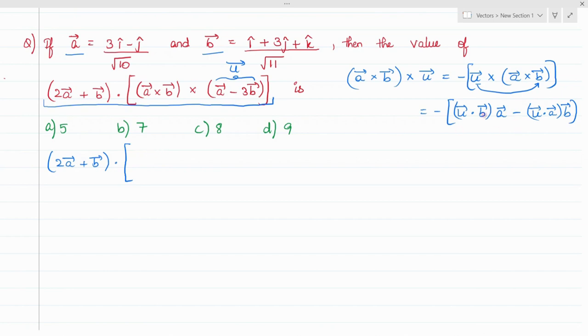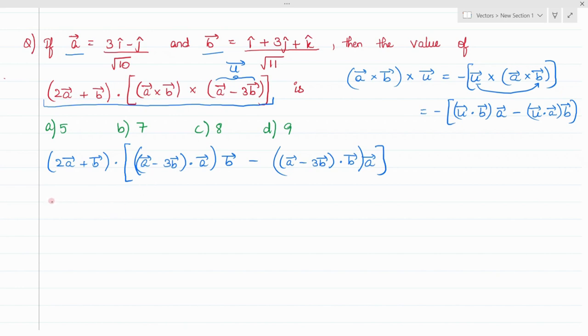Inside it becomes u dot B. U is nothing but, so okay, let's take this plus value, that is u dot A, that is A minus 3B dot A, and write B as it is, minus u dot B, that is A minus 3B dot B, and write A as it is.